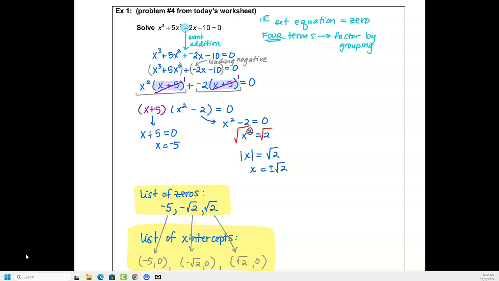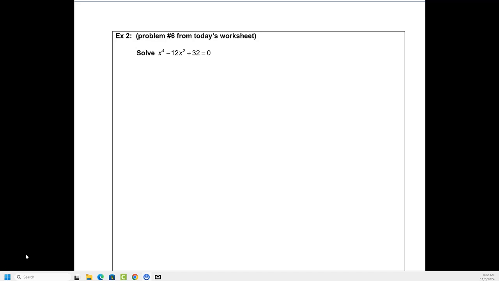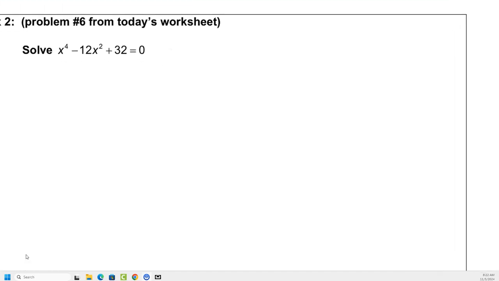We will go to example 2, which is problem 6 from today's worksheet, it looks like. Are we done copying now? Okay, example 2.